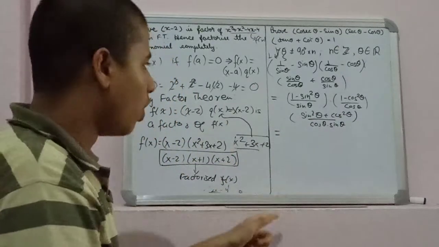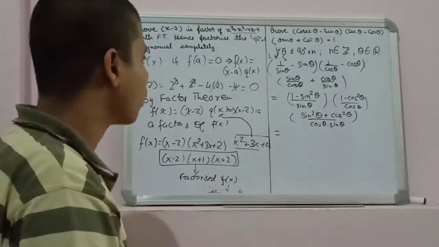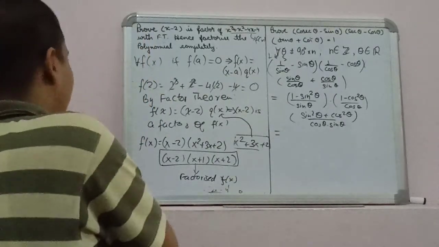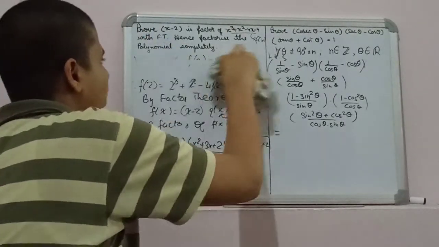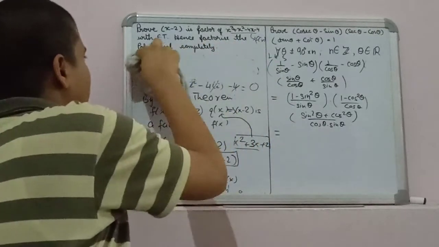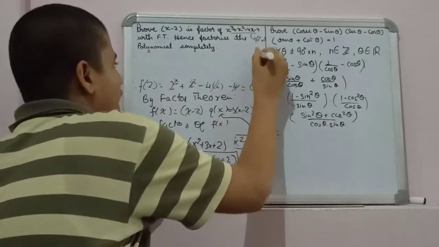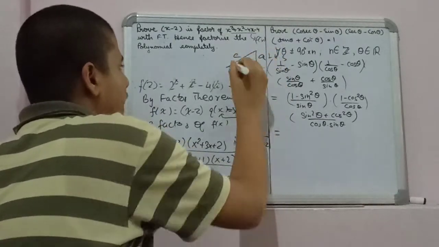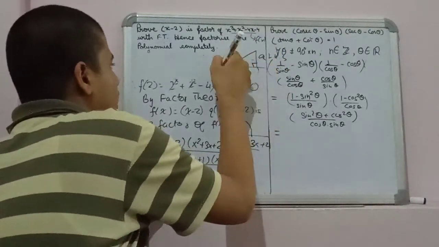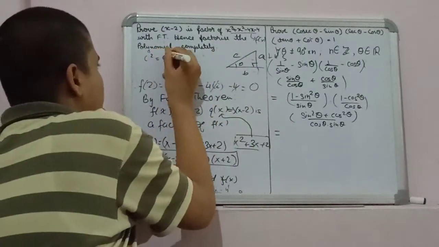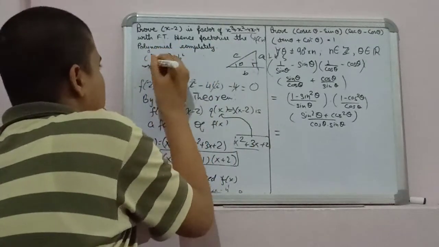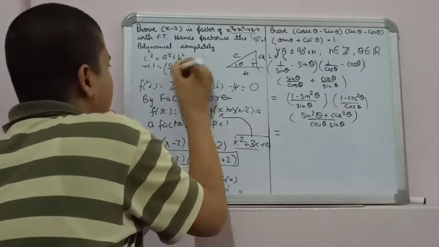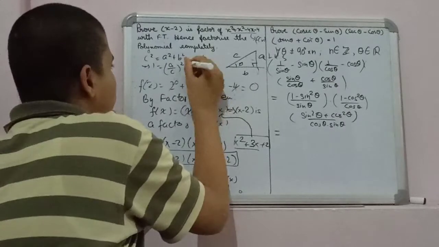Okay, now what can we do? Well, we have to remember one fundamental equation, which is also known as the Pythagorean theorem, which means that for a right angle triangle, if the sides are a, b and c, this is the right angle, this is theta, c squared is equal to a squared plus b squared, which means that 1 is equal to, if you divide both sides by c squared, a over c squared plus b over c squared.